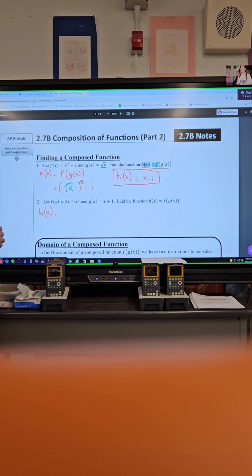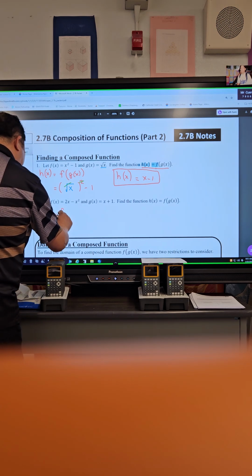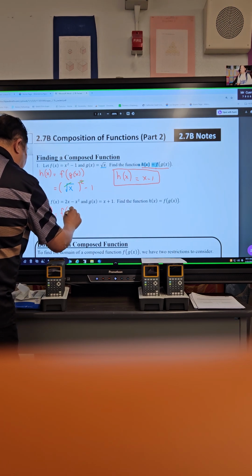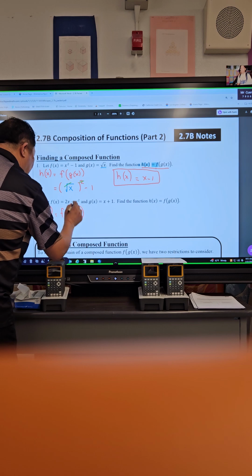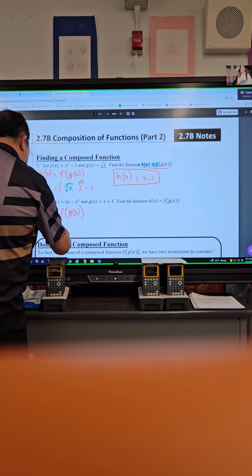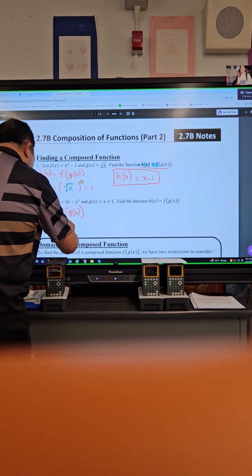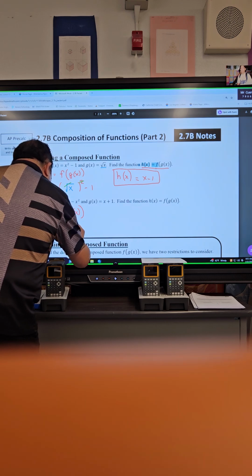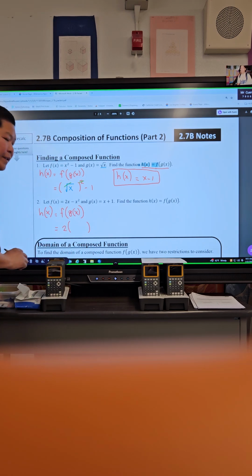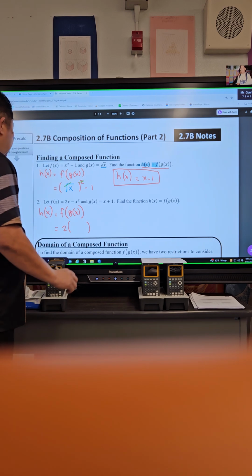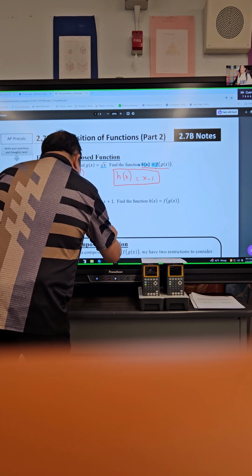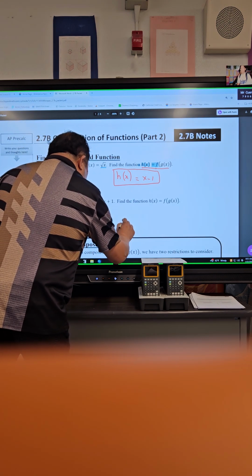is equal to f of g of x, which implies that this is, so what is f? F is defined as 2x minus x squared. So we write this way. Instead of writing x, put that first in parentheses. Okay? So, and then minus x and then square.